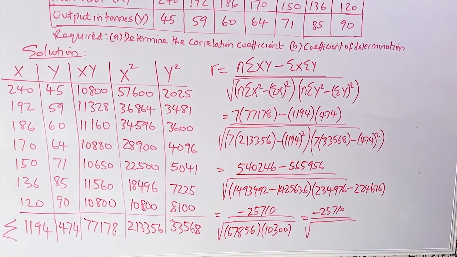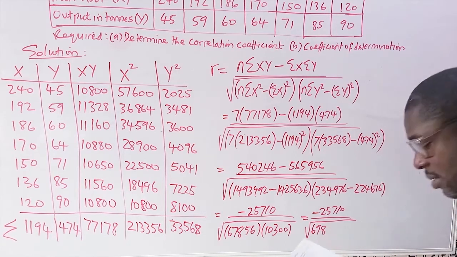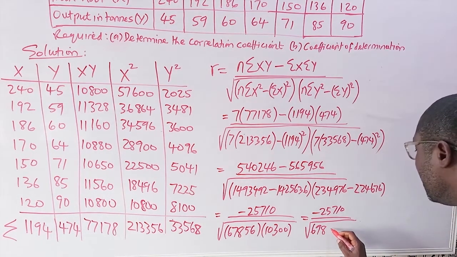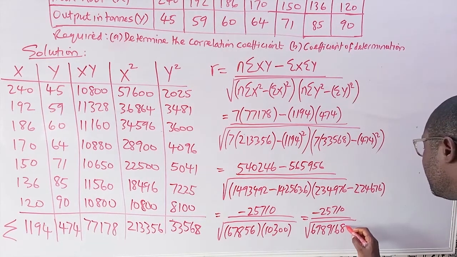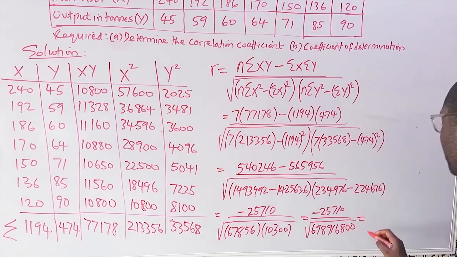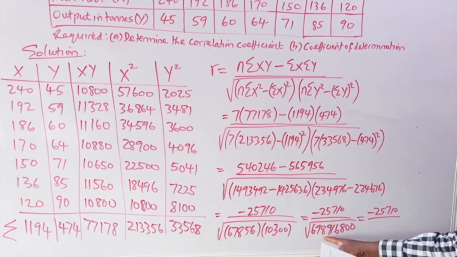It's a very long figure. Square root of 698,916,800. Okay, we have to find the square root of that, and the square root of that will give us, this is 25,710 divided by the square root of this.